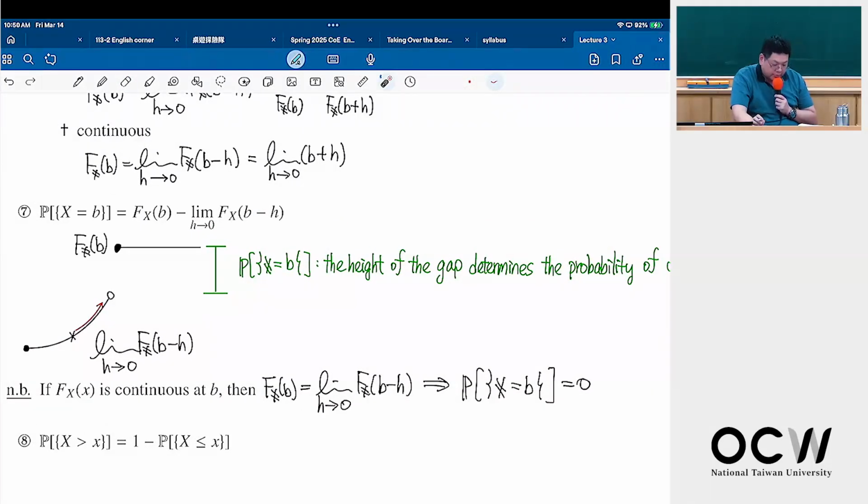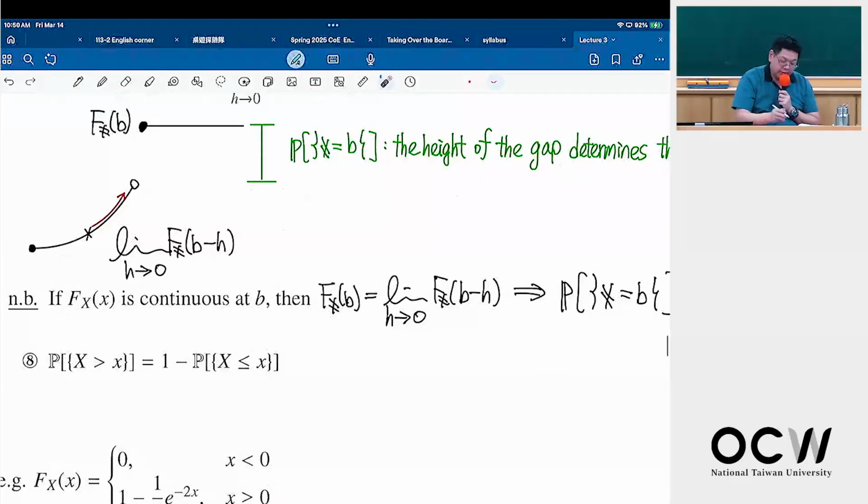And then sometimes we also may need to find the probability of x greater than some point. Still using the probability axiom, this is 1 minus the probability of x less than or equal to some point. Every time you see this expression, probability of your random variable x less than or equal to some certain point, what is this?